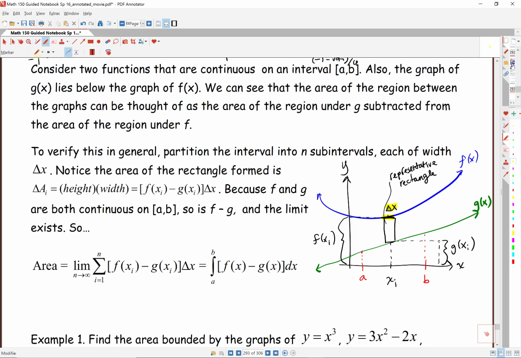And then the height of our rectangle is here, right? How could we figure that out? Beautiful. You subtract g of xi from f of xi, and like we were talking about before, the topmost graph minus the bottommost graph.